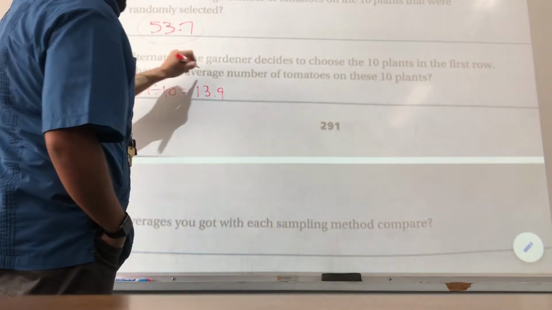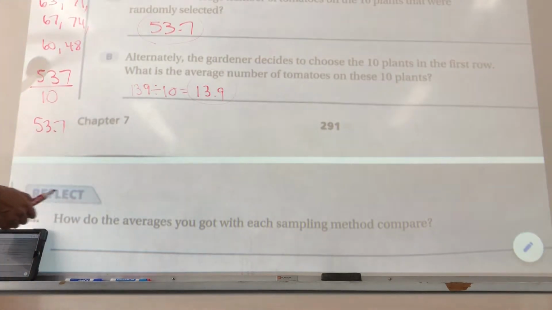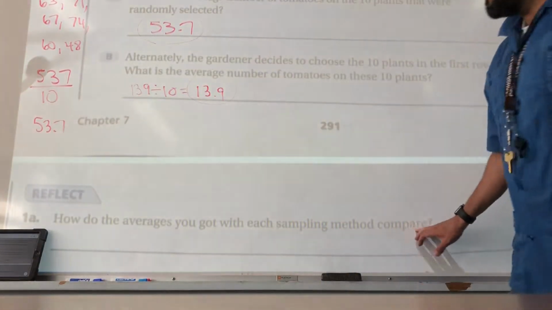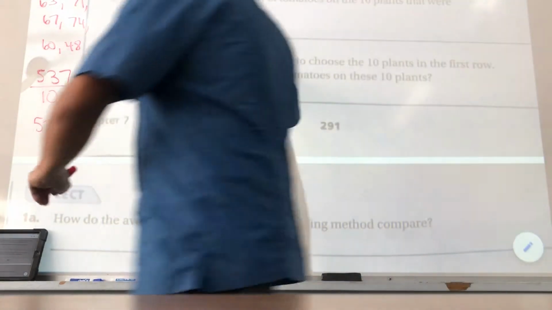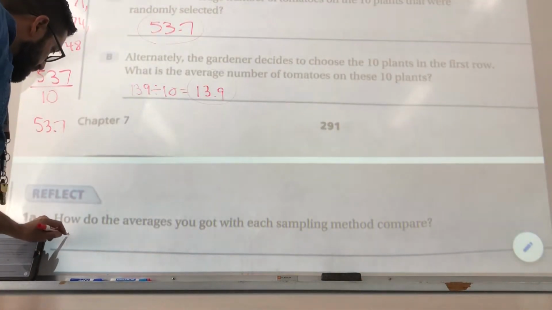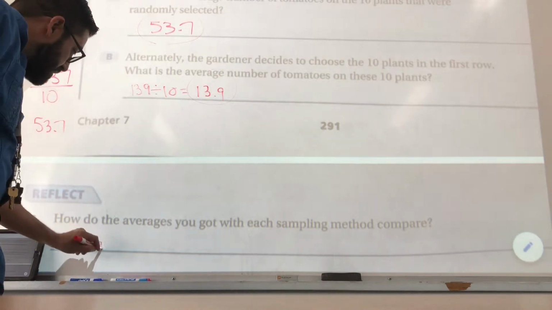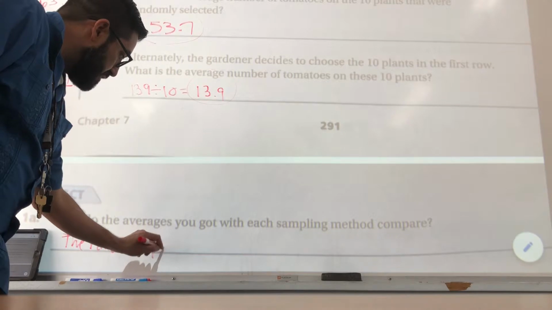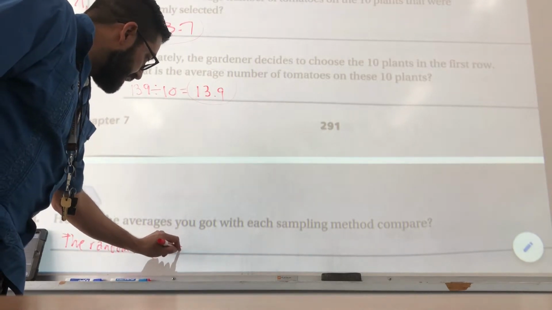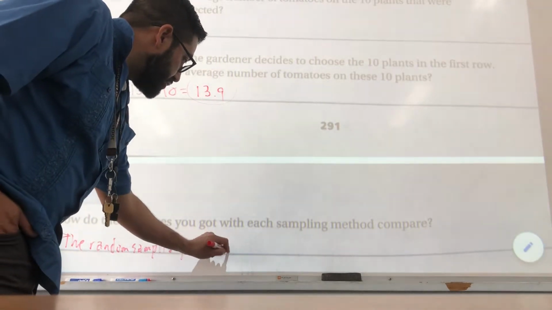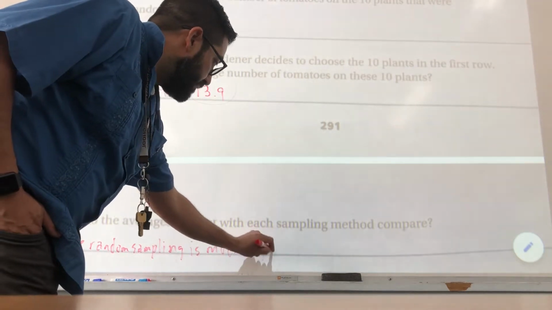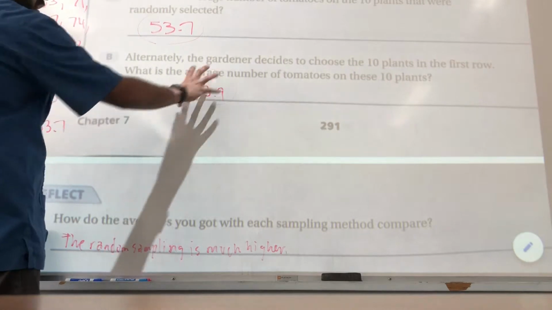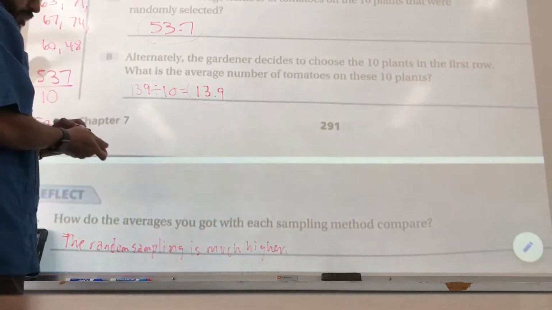So I have two different averages right here. They are very different from each other. How do the averages you got with each sampling method compare? Okay, my random sampling is much higher than just choosing the first row.